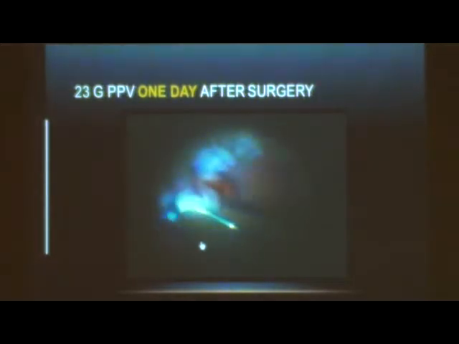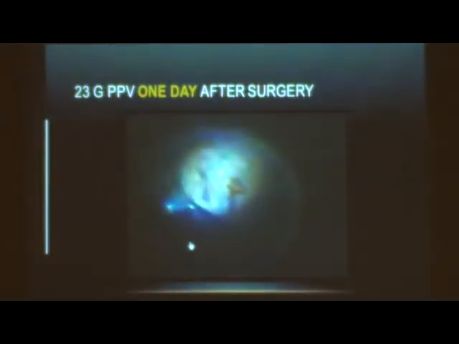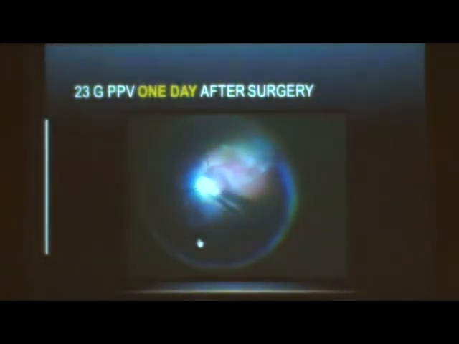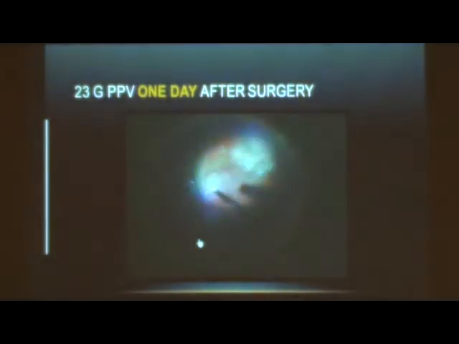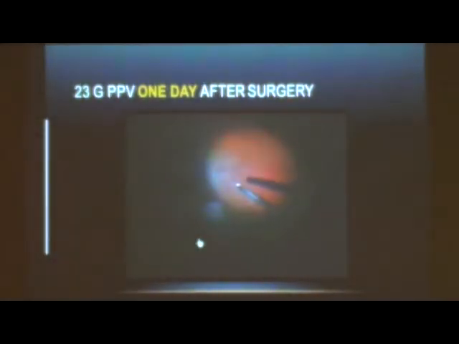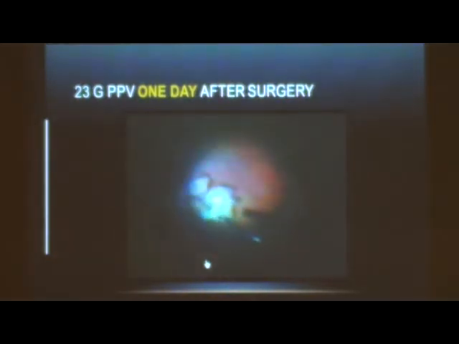You might find some nuclear or epinuclear fragments. You can easily remove them with a vitreous cutter. This was not really a tough case because most of the dropped lens material was quite soft. And then you can chase every single piece almost until you remove completely all the lens matter that is in the vitreous cavity.